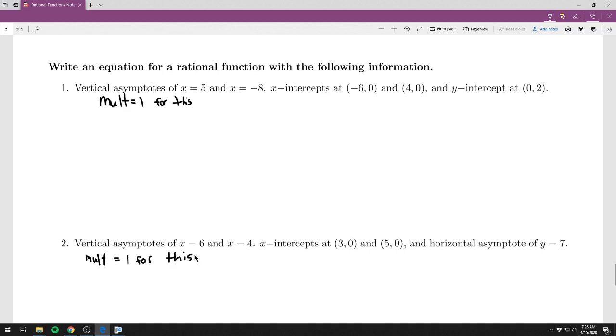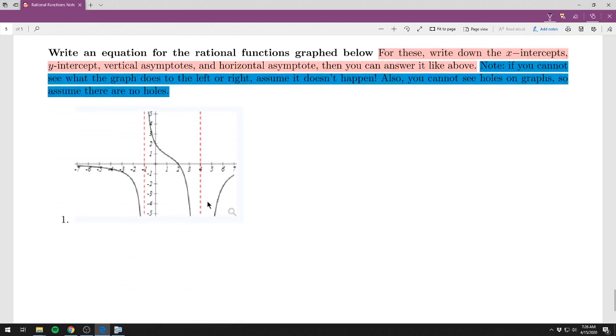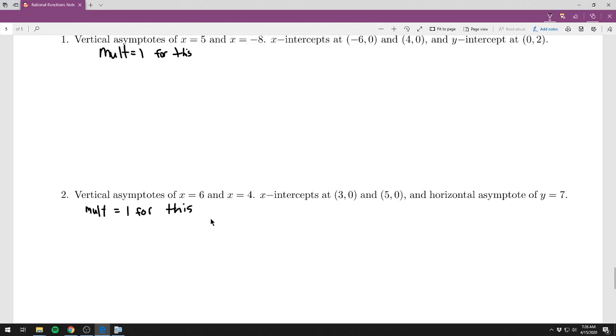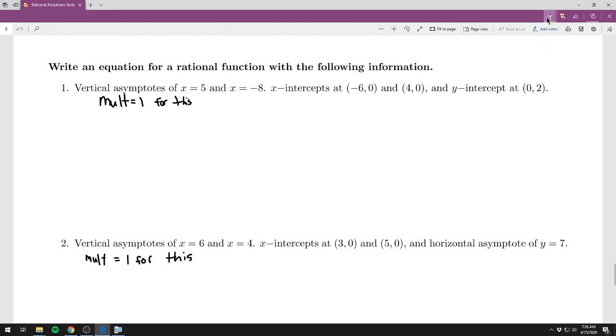All right, if you aren't told, just assume the multiplicity equals 1. With the graphs, we have to figure out the multiplicity of what's going on here. But this isn't going to be as bad as it sounds like. Vertical asymptotes, you'll be told some of those, x equals 5 and x equals -8. What that means is we have x minus 5 and x plus 8 are factors.